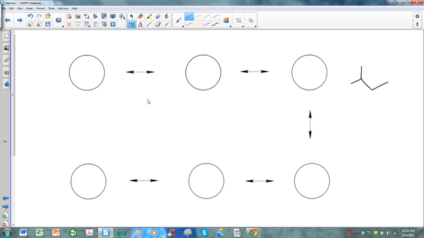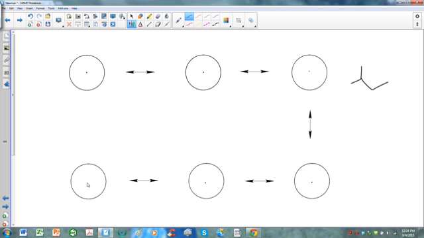Okay. So with a Newman projection there's a very particular way that you show things, and that is that the front carbon is shown by a dot, and I'm going to try and put it right in the middle of the circle here, and do that for all of these. Dot, dot, dot.